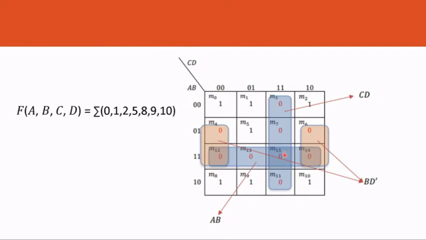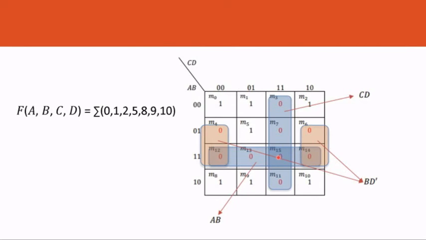Therefore, the A of minterm 3 is different from minterm 15. So A will be cancelled out.